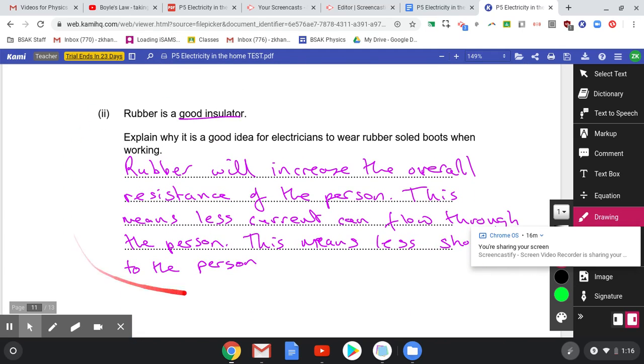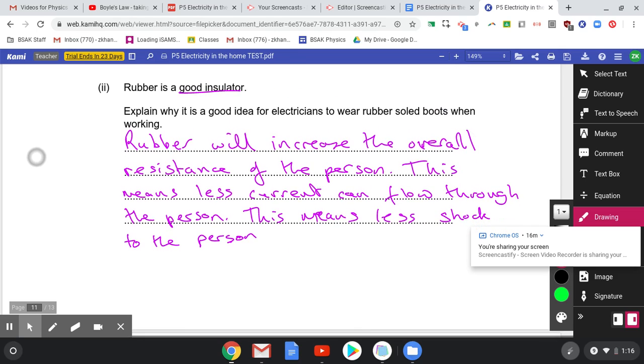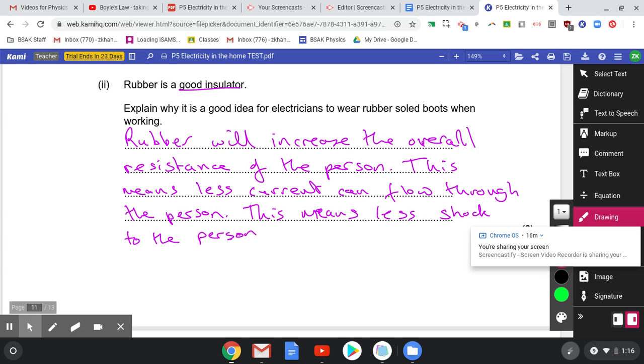This is a difficult question, but nevertheless, it's a good question. You've got rubber as a good insulator, and explain why it's a good idea for electricians to wear rubber-soled shoes. The person's overall resistance will increase if they are wearing any insulating material. So wearing rubber shoes increases the overall resistance of the person because rubber is a good insulator.